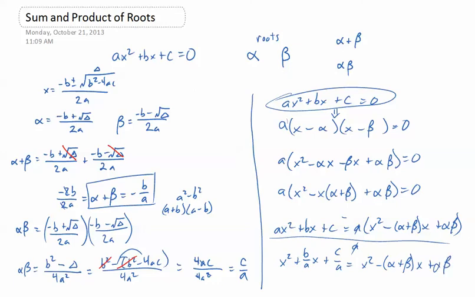And please note, my friends, that right here we've got alpha plus beta and b over a. Note that it's a minus. That's why alpha plus beta is negative b over a. And yes, right here I've got alpha beta, which is c over a. So again, we get exactly the same thing.